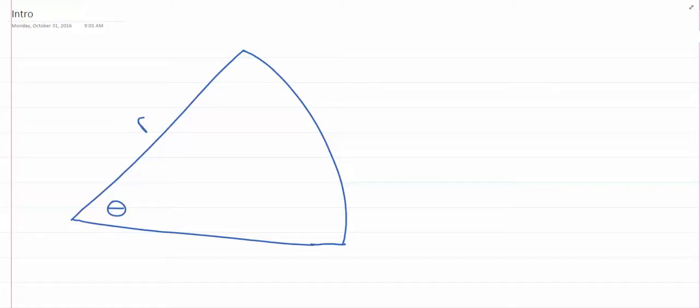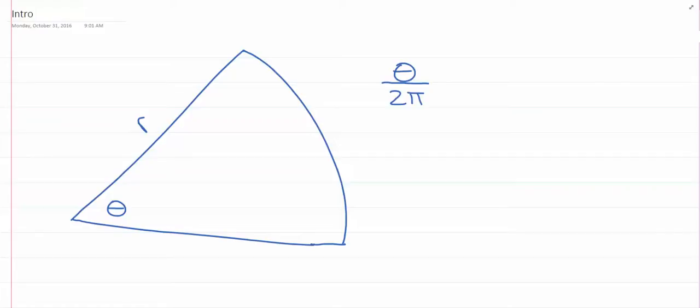If we've got a circular sector, I know how to get the area of a circle. It's pi r squared. And here, I've got a fraction of the circle. The question is, what fraction of the circle is it? Is it a quarter circle or what? So we take theta, which is the angle that we have, and I know that there are 2 pi radians in a complete circle. So we take theta divided by 2 pi, and that gives us the fraction of the circle that we're dealing with.